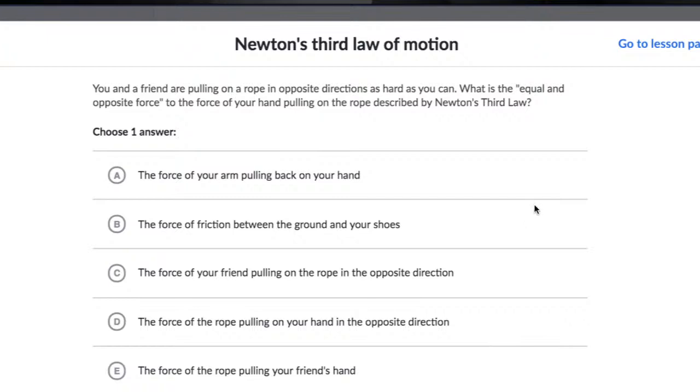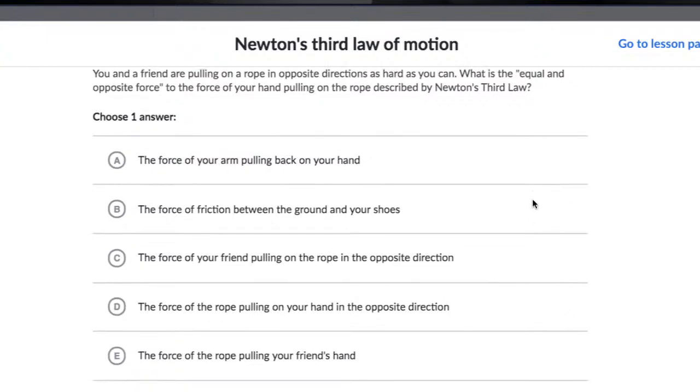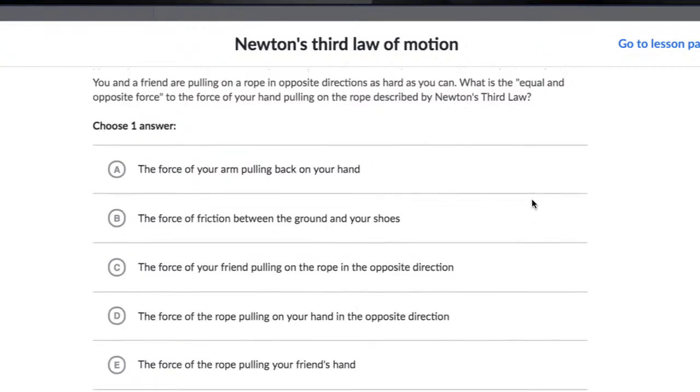What is the equal and opposite force to the force of your hand pulling on the rope described by Newton's third law? It is just like a tug of war. You can just analyze this practically. Practical analysis is very important here.